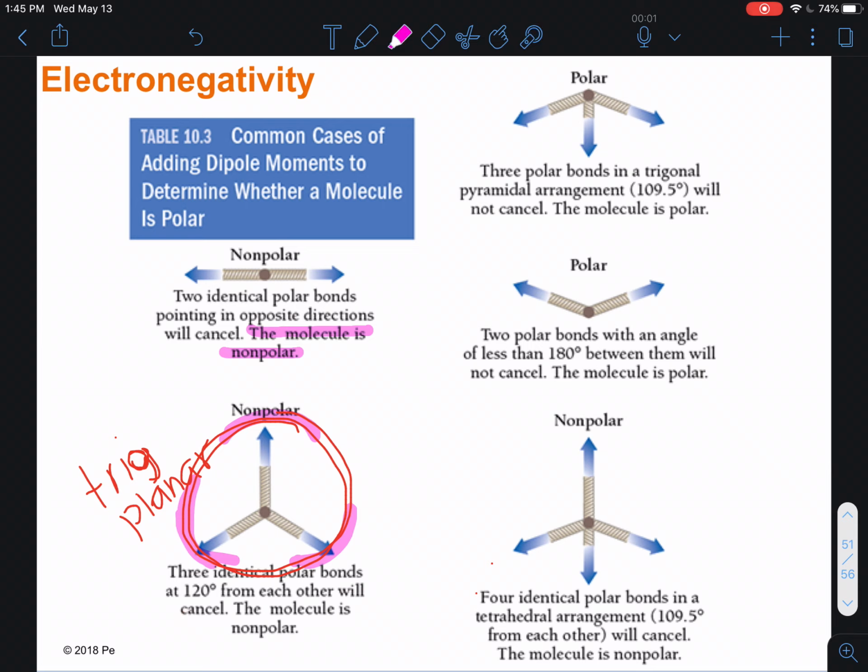The molecule is nonpolar. If we have some type of bent situation, this is trigonal pyramidal, such as NH3, ammonia, made up of polar bonds.